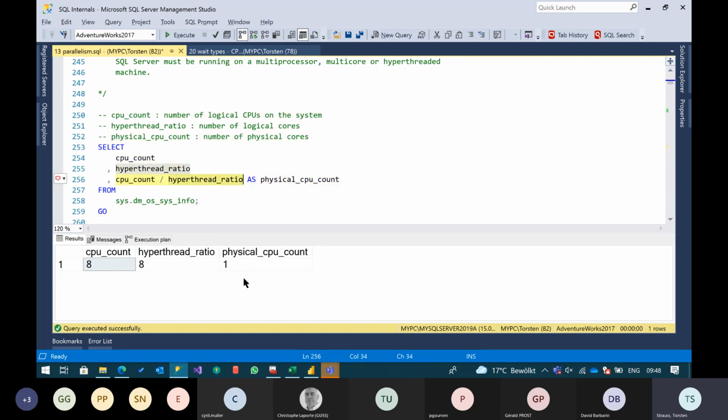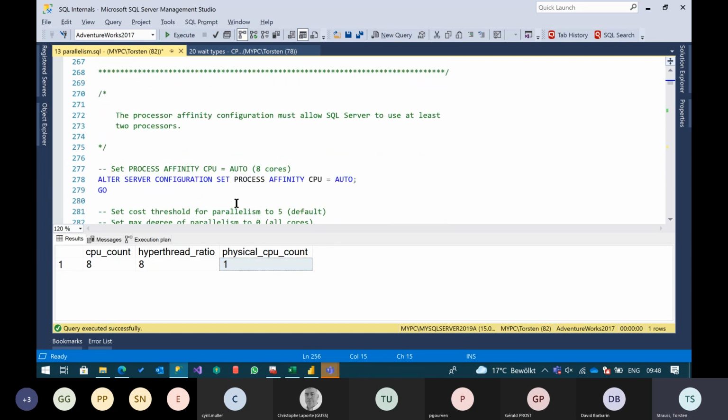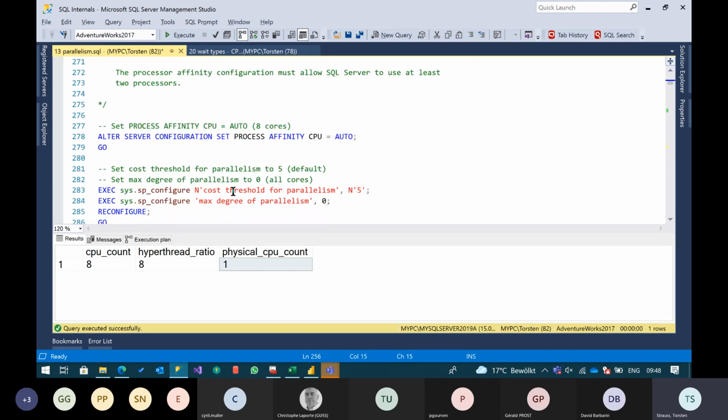We have 2 columns which will already give you the information you need. So you can see I have 8 logical CPUs, hyper-thread ratio of 8. That means I have only 1 core on my machine, 1 physical CPU on my machine. So this is definitely something you should know before you configure, or maybe even start performance tuning, because it has a big impact.